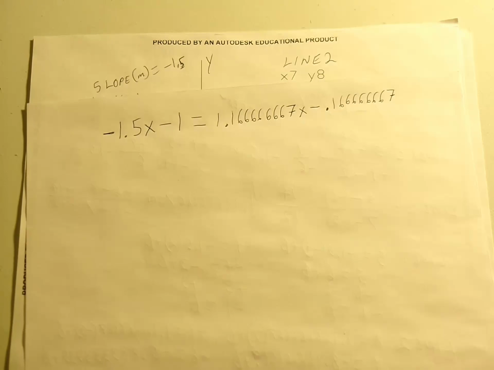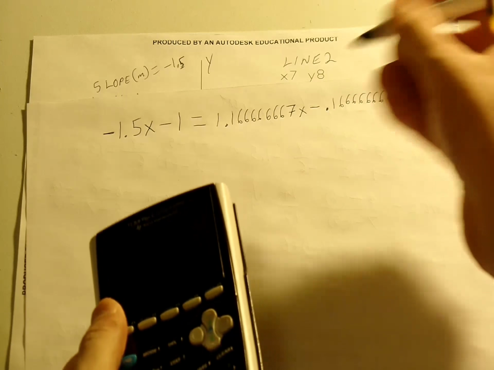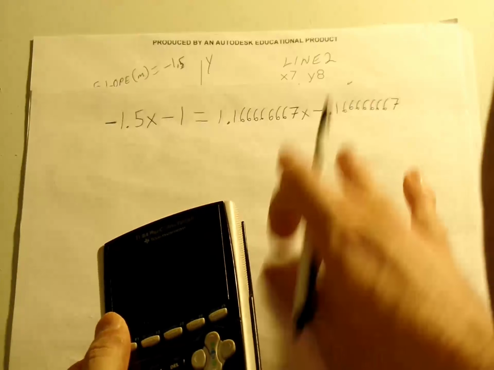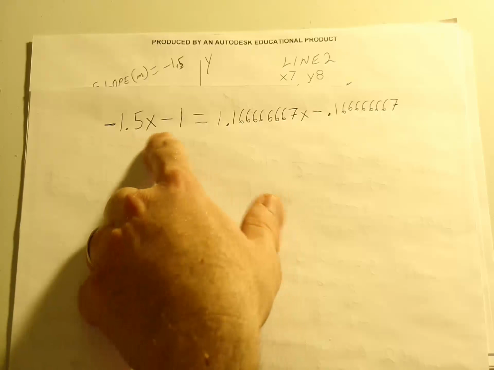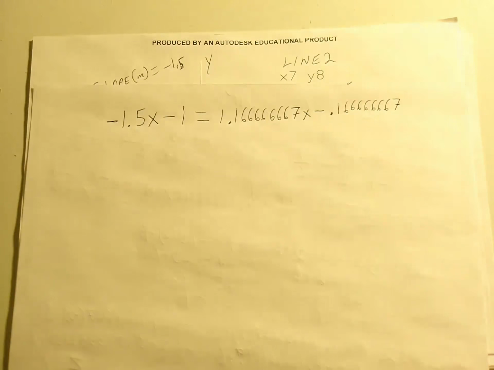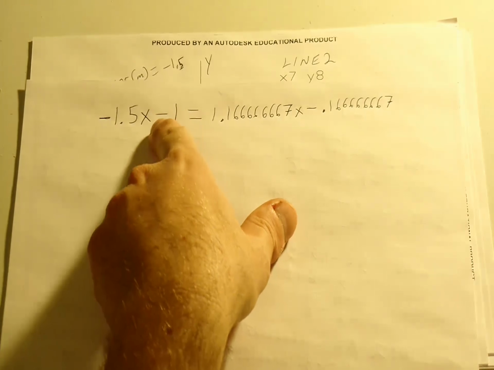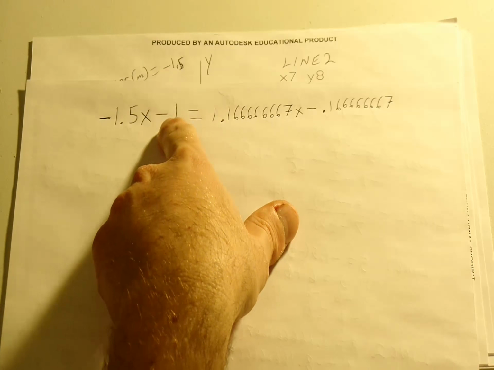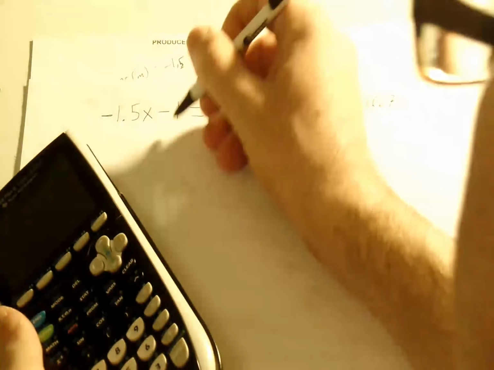And let me move out of the way for you. And you'll see that line 1 is equal to line 2, and this will give us the x number in the equation, the x number that we're finding, the intersection, x equals negative 0.3125 when we're all done.